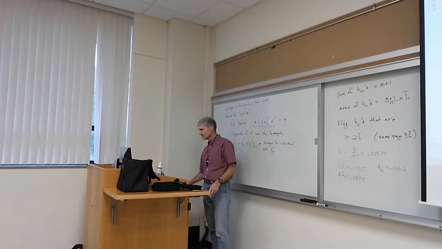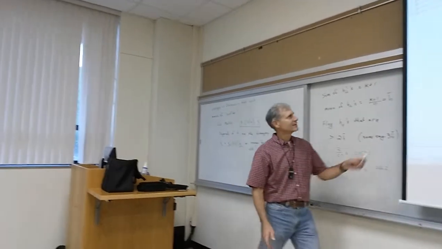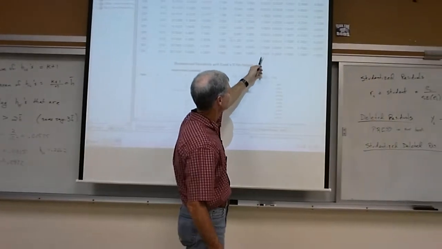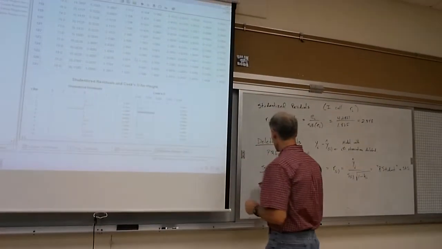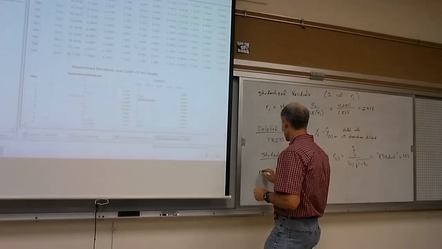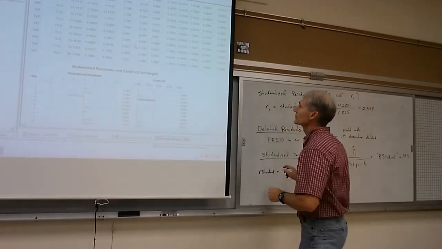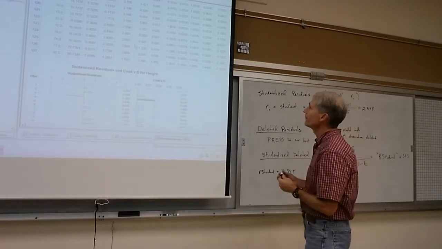Uh-oh, it locked up. Okay, there we go. So now count 8 columns: 1, 2, 3, 4, 5, 6, 7, 8. So our RStudent equals 2.3915.